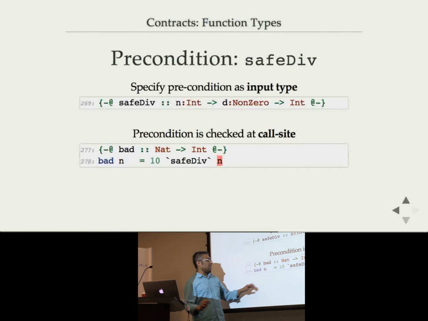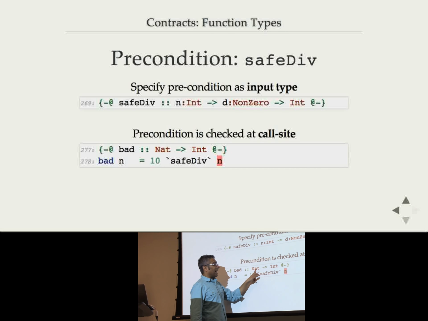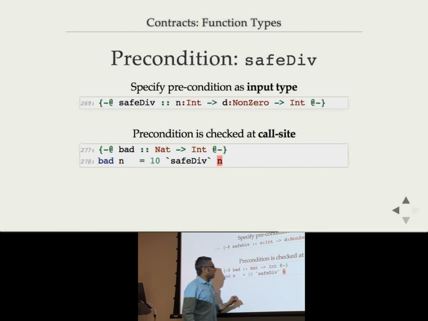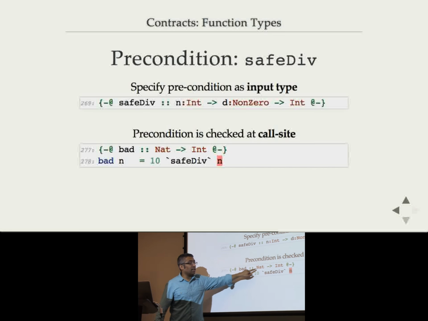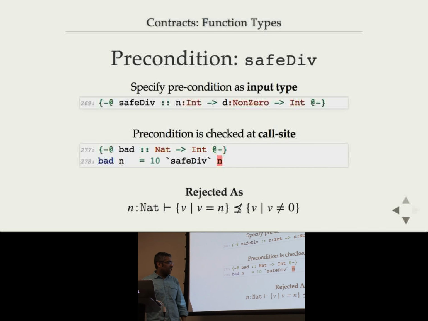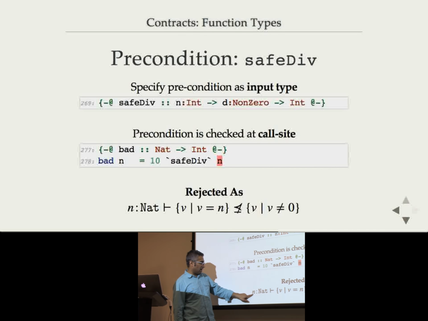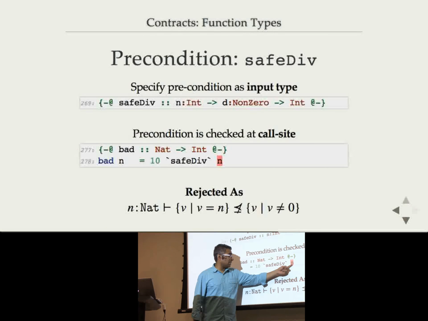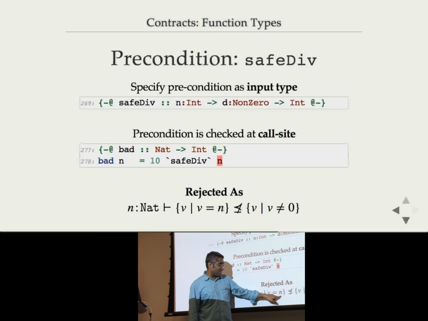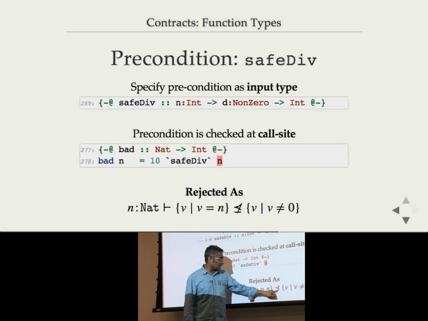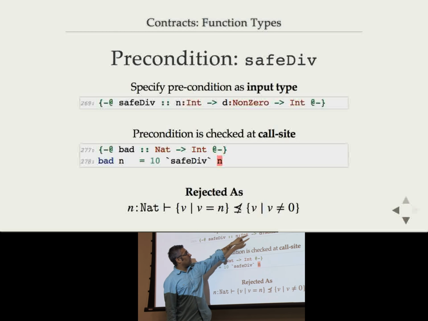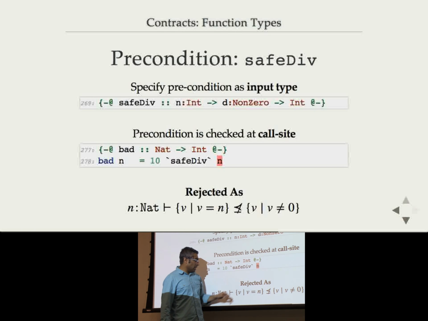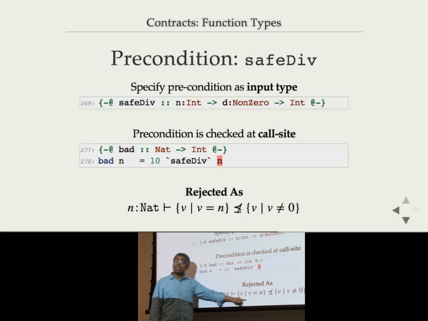Here, if I do 10 safeDiv by n, where n is a Nat, then I end up with a subtyping check that looks like this. In the environment, I get to assume that n is a Nat, and I want to prove that this expression, which has the type value equals n, is a subtype of non-zero. So I need to prove that this subtyping obligation holds.